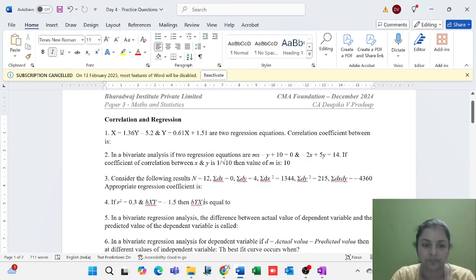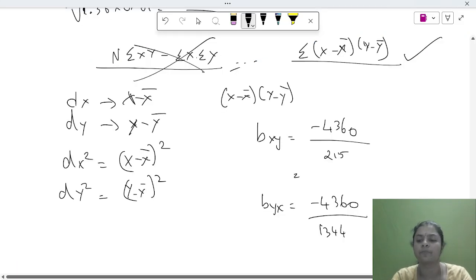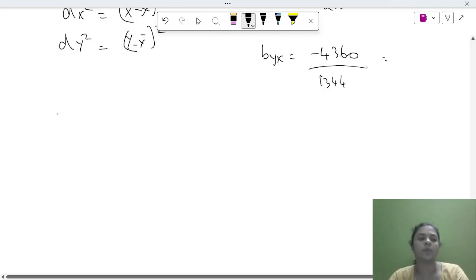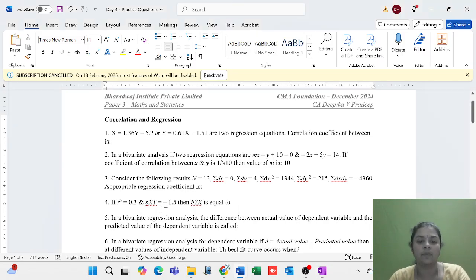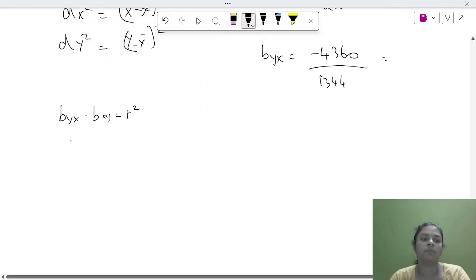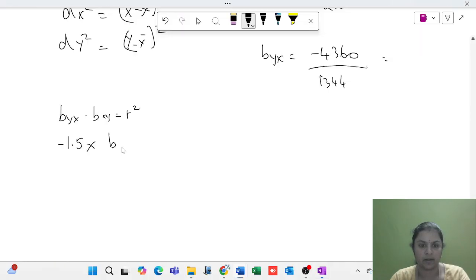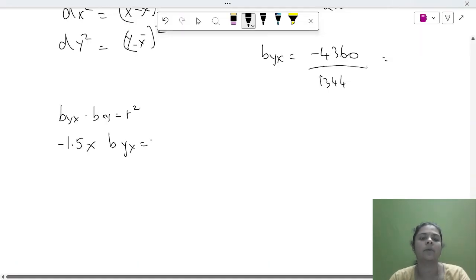Fourth one: r square is equal to 0.3, bxy is equal to minus 1.5, byx is equal to? Now the question says r square is equal to 0.3, so we know the formula, byx into bxy is equal to r square. So bxy is minus 1.5, so minus 1.5 into byx is equal to r square, which is 0.3.